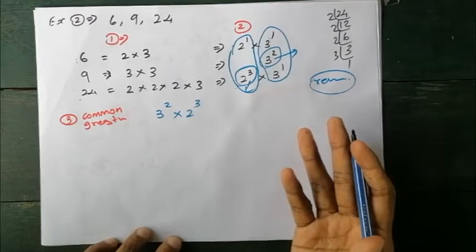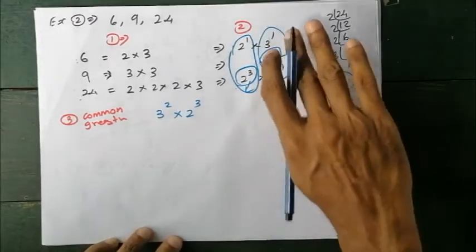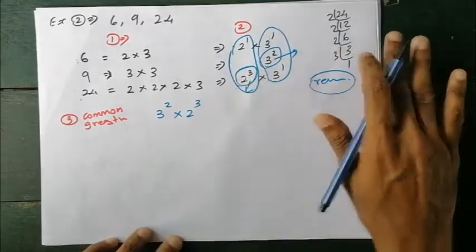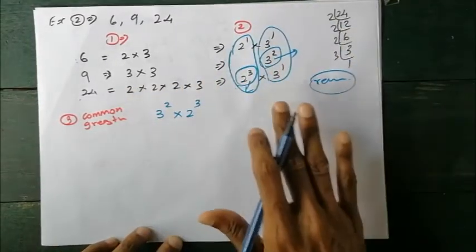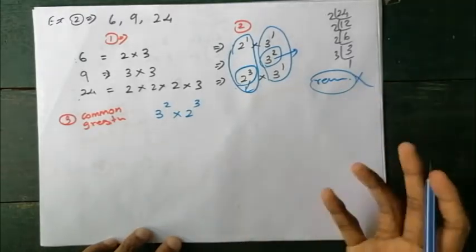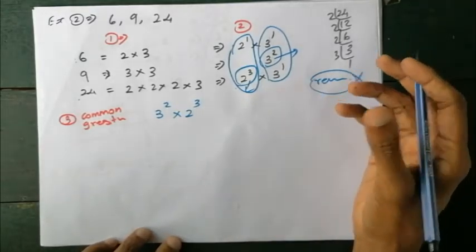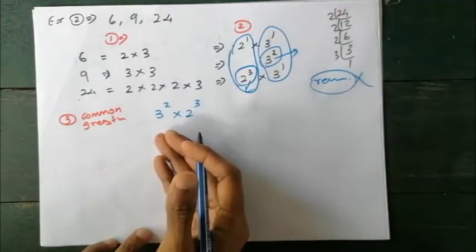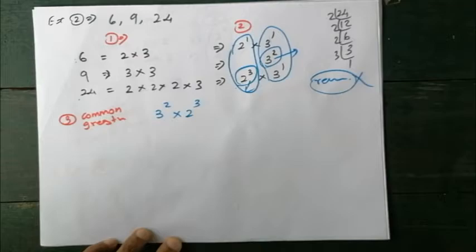So nothing left. If you take it as common, all are going to be common. The 3s are common, the 2s are common. Nothing left, so the remaining category is not here. If we have remaining, we take all the remaining into the LCM.